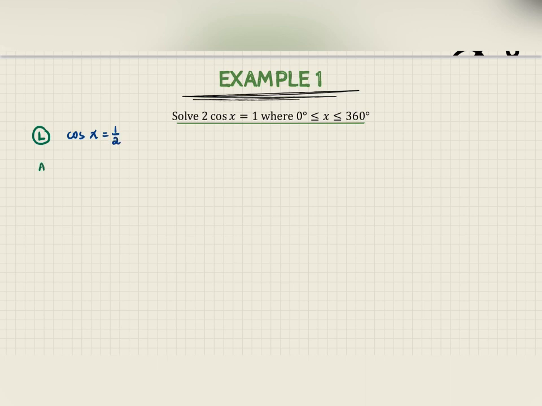Okay, now kita pergi kepada A. A tadi kita cari apa? Alpha. So alpha datangnya daripada mana? Shift cos of 1 over 2. Shift cos. So shift cos ni kamu boleh guna calculator lah. So shift cos of 1 over 2 kita akan dapat 60. So 60 degree lah maksudnya. Okay, kemudian saya pergi kepada step R. Range.